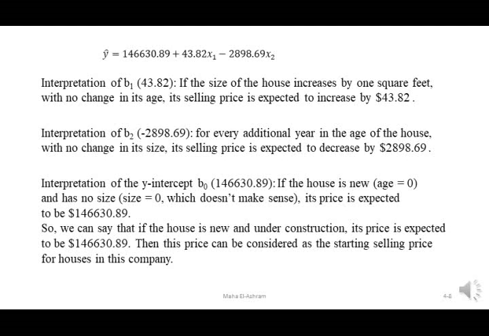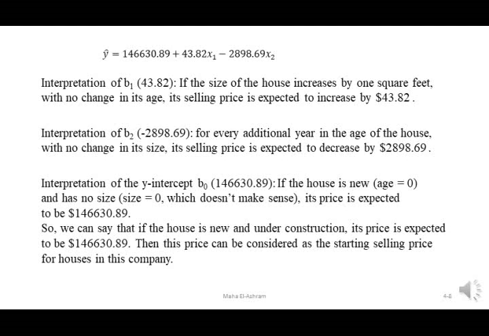If I'm interpreting b1, the coefficient of x1, I'm going to say that this is the change in y as a result of a change in x1 by 1 unit, while x2 didn't change, or assuming that x2 is constant. If I want to interpret b2, I'm going to say that this is the change in y that results from a change of 1 unit in x2, assuming that x1 didn't change, and so on.